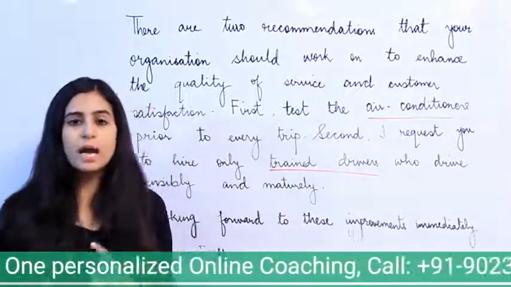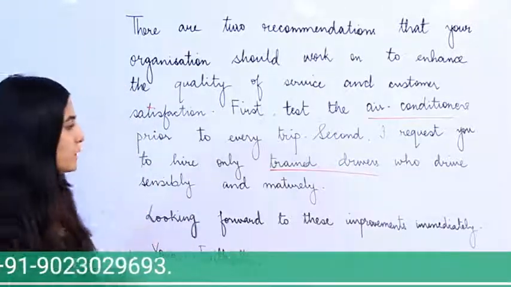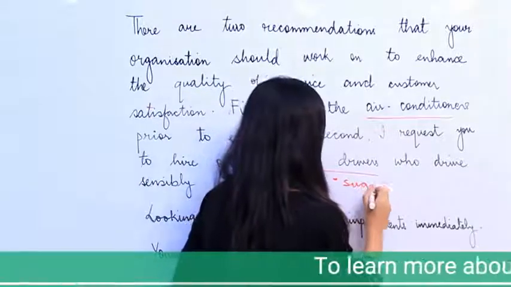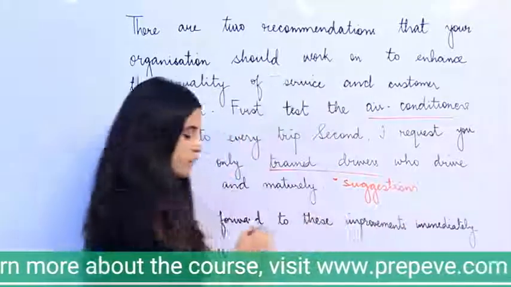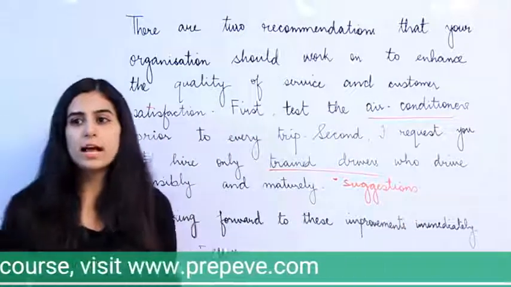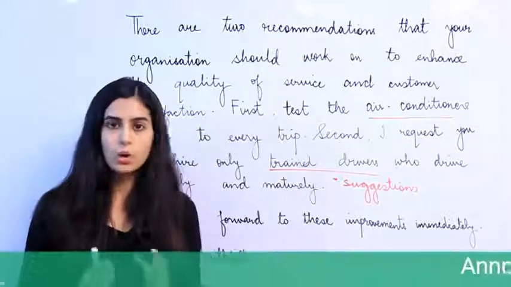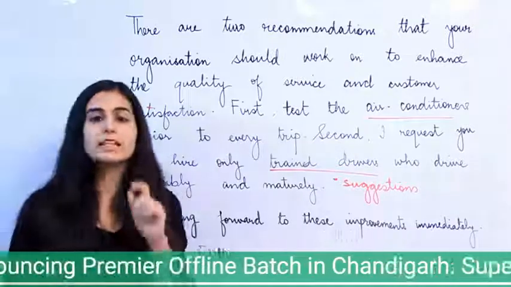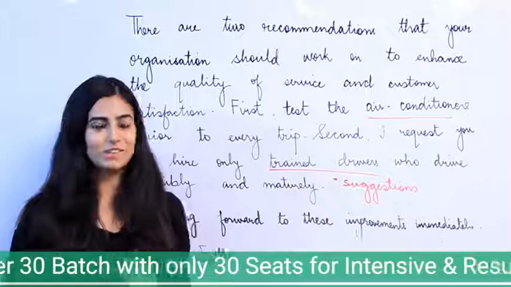Number 2, we have addressed all the 3 bullet points. This is the third bullet point, which is to give suggestions, right? Next is that we adhere to the word limit of 150 words. Okay, so we have catered to all of it. Plus, in the very first paragraph, we've also told you the reason of writing the letter.